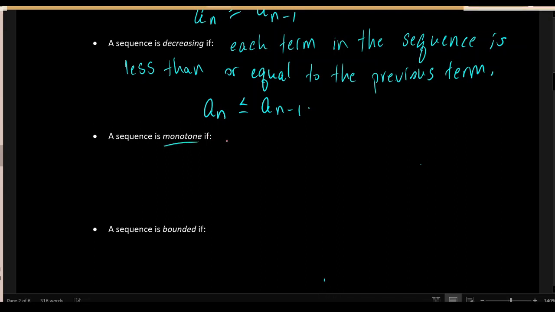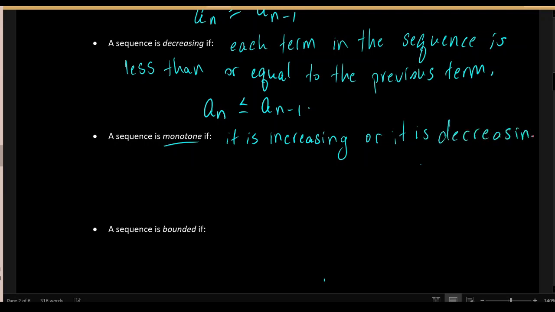A sequence is monotone if it either goes up consistently, it is increasing, or it goes down consistently, it is decreasing. In either one of those cases, the sequence is called monotone.